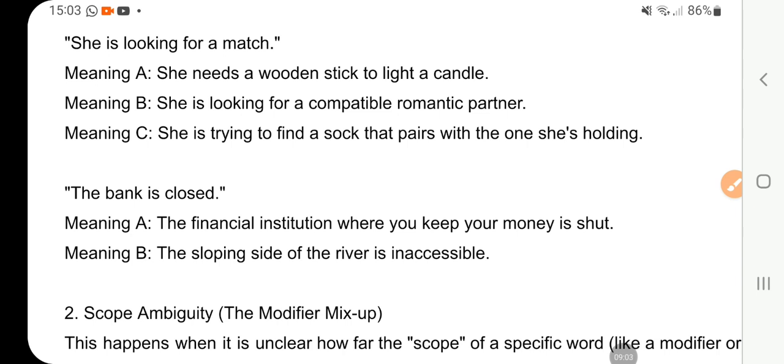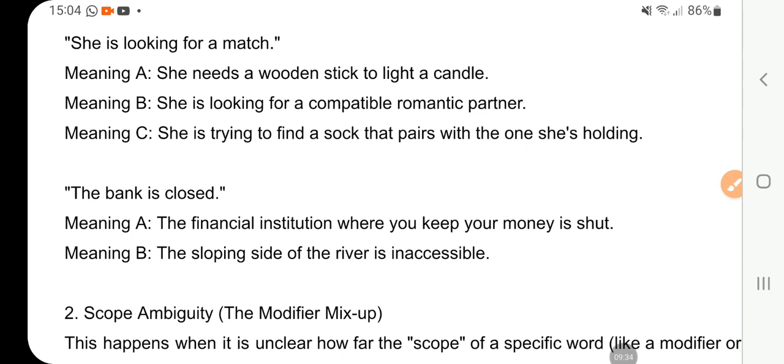Number three means she is trying to find a sock that pairs with the one she is holding. So she is finding another sock, because it's very normal, right? We have the same sock, so we get confused. She is looking for another same sock because it is a pair, and even that she is looking for a match, that is alliance.